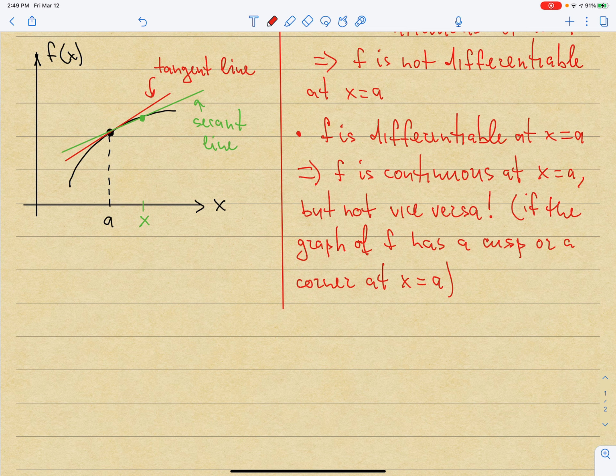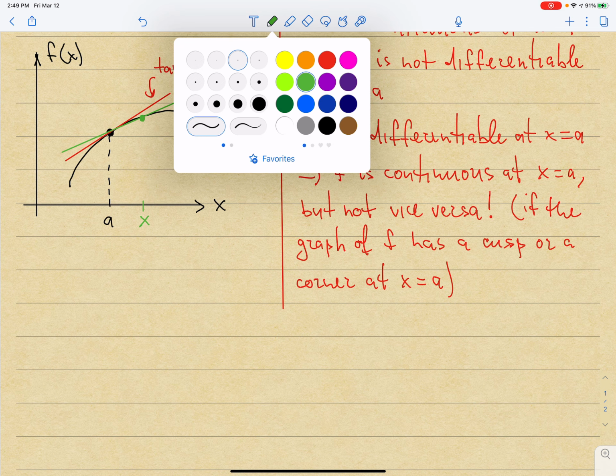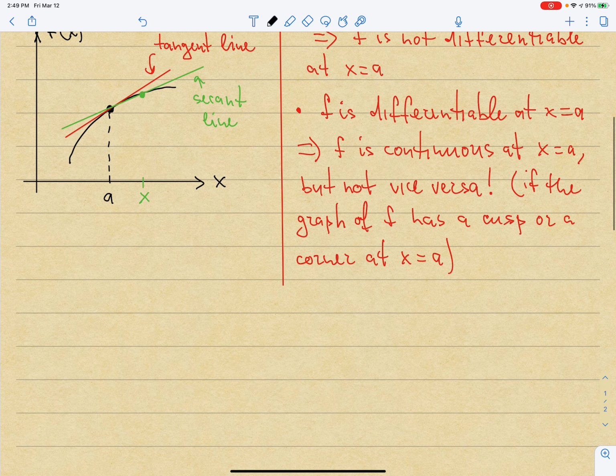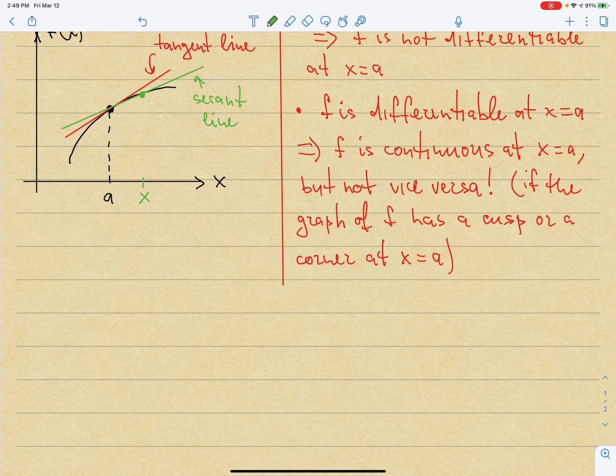And so then the slope of a secant line was, as a slope of any line is, the slope of a secant line was f of x minus f of a divided by x minus a, right? The rise over run for the secant line.